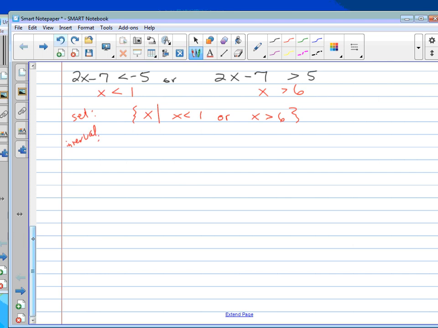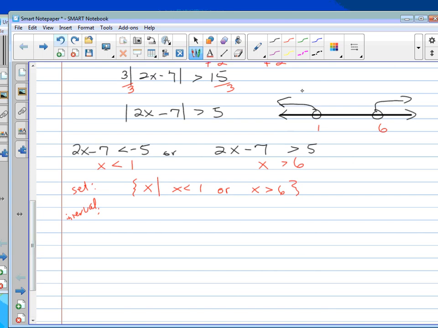Notice this time we had 2 separate intervals. Okay, so this is where it gets a little funky. Remember I said interval notation always has a start and an end. So let's just look at the first one right now. Where does this one start?